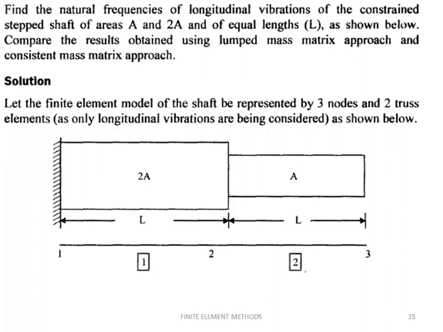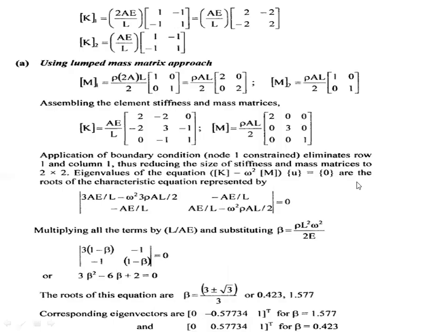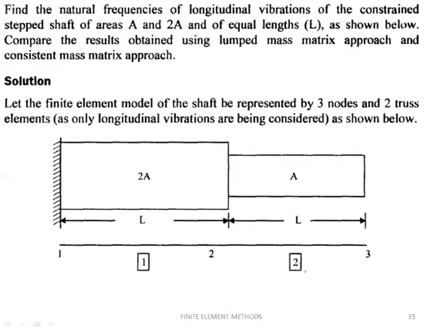Compare the results obtained using lumped mass matrix approach and consistent mass matrix approach. Here it is a stepped bar problem, where one side is fixed and the other side is free. This problem needs to be solved using two approaches.